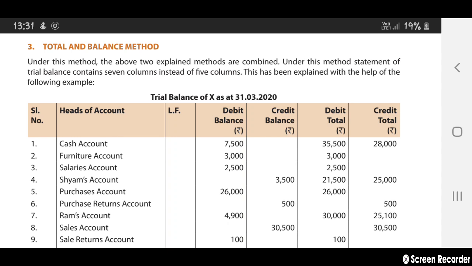You will combine both the methods that you learned, total and balance method. Under this method, the statement of trial balance contains 7 columns instead of 5 columns. The 5 columns are serial number, heads of account, debit balance and credit balance.